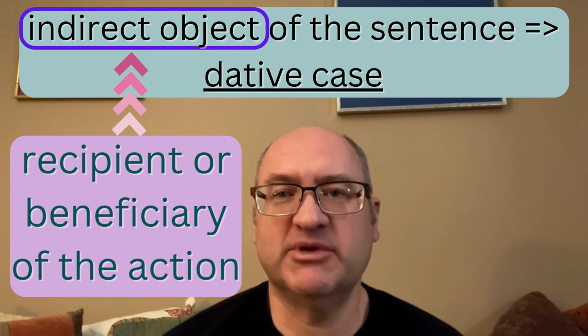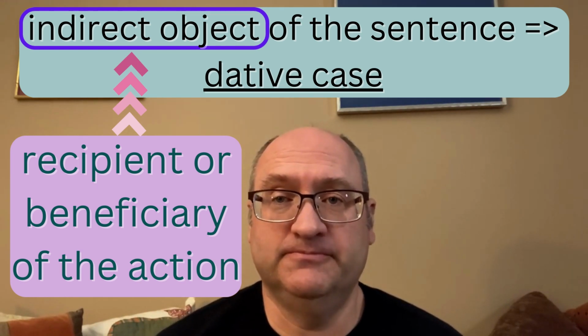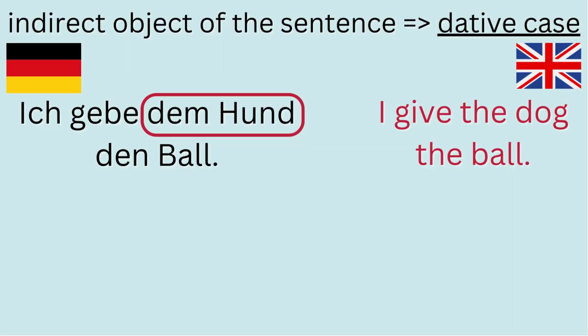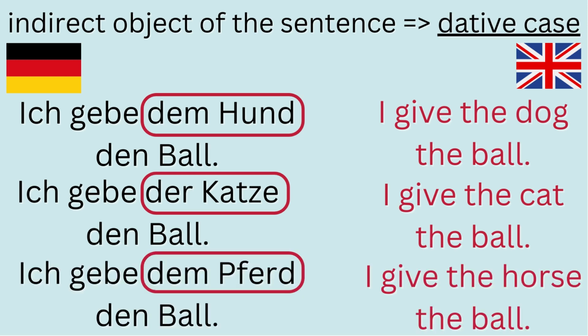So let's look at some examples for these three animals. Ich gebe dem Hund den Ball. I give the dog the ball. Ich gebe der Katze den Ball. I give the cat the ball. Ich gebe dem Pferd den Ball. I give the horse the ball.